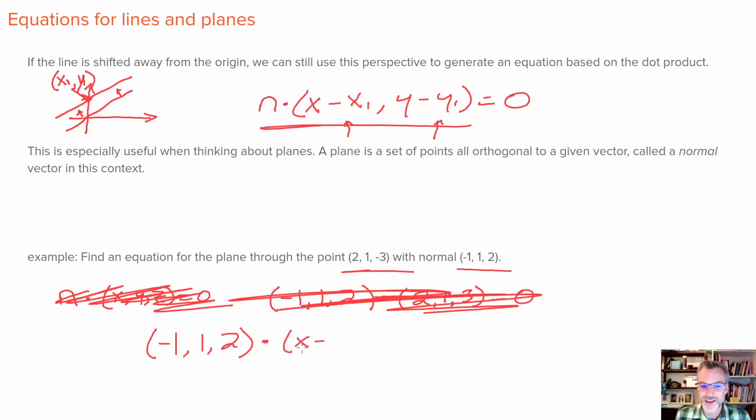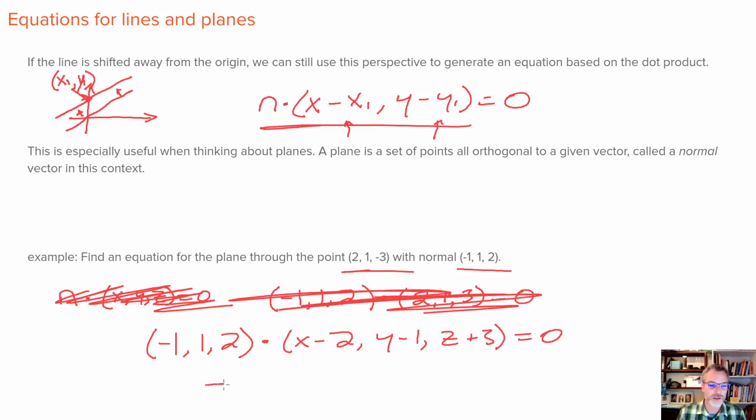I've got momentum. I need to take x minus the point, y minus the y value of the point, and z minus the z value of the point. And in this case, if you plug in that point here, if I plug in 2, 1, and negative 3, I would get 0, 0, 0, which satisfies the equation. So this completely describes the plane that goes through that point with this normal.